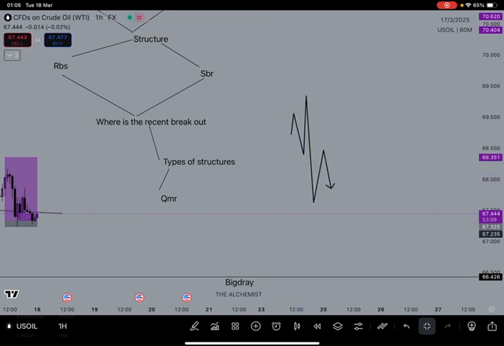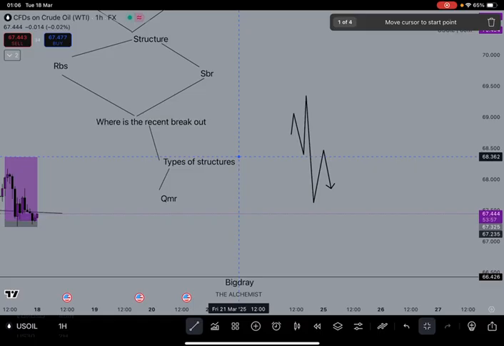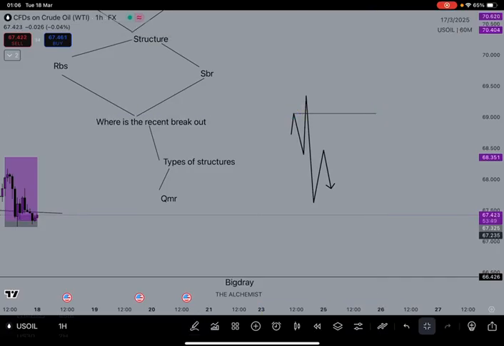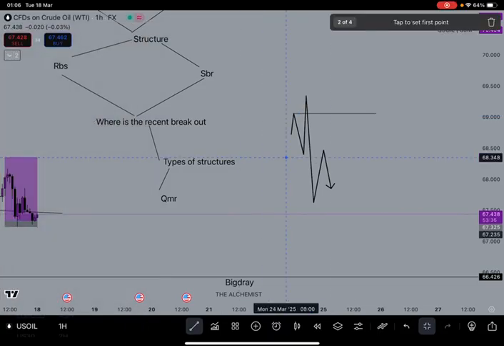It's mitigated. So where do we target? We target the next resistance, the last resistance that was swept before the market broke here. This is the main resistance that we have. It can also be called an order block. So this is the closest resistance, the QM, and why? This is the liquidity right here.